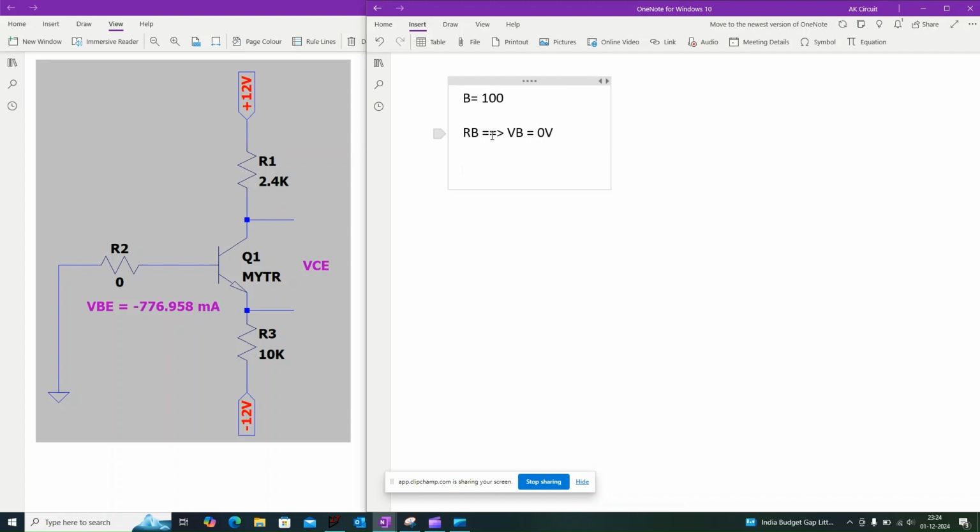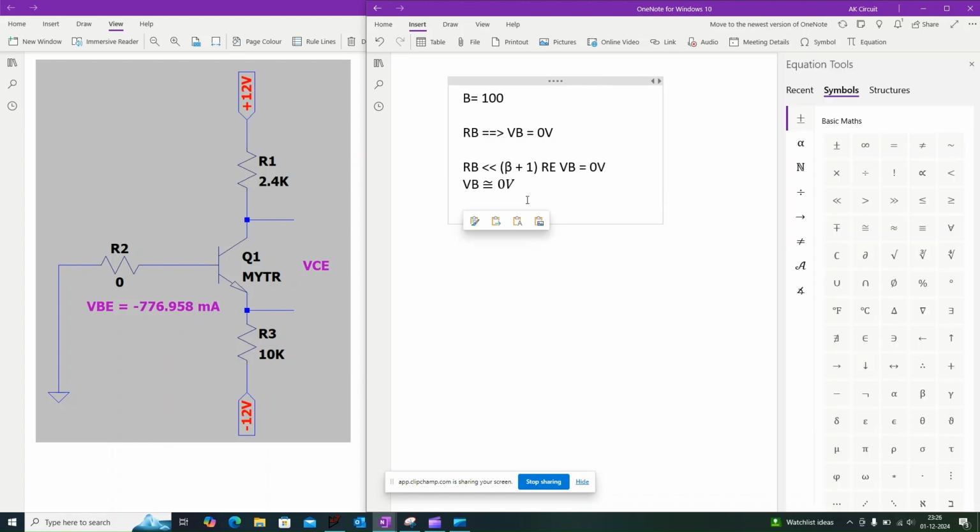That means RB is lesser than (beta plus 1) times RE. Then we can say VB is approximately equal to 0 volt.